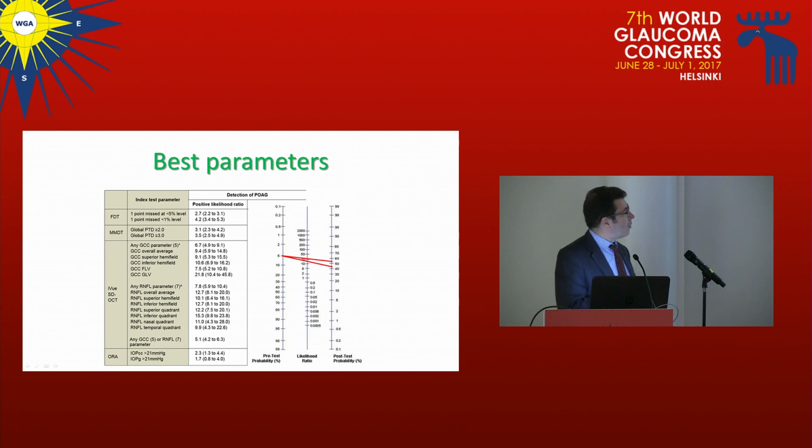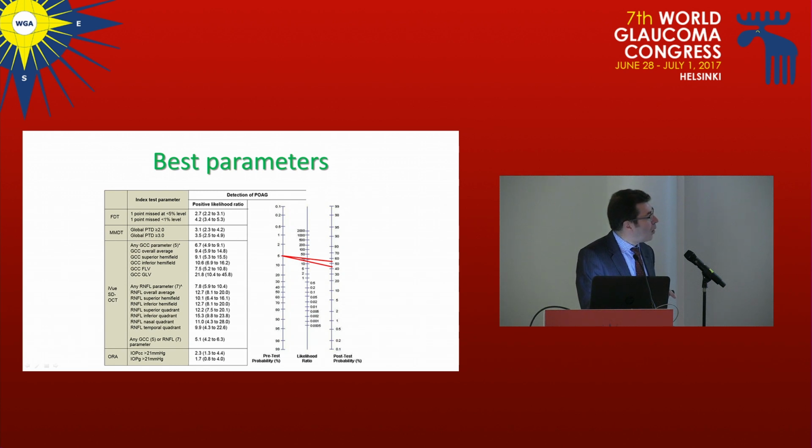Now, this is a bit of a busy slide, but I'll just highlight two of the criteria for diagnosis from the OCT. That's the nerve fiber layer thickness in the inferior quadrant. That was the best nerve fiber layer thickness parameter, with a likelihood ratio of 15, and then the ganglion cell loss variance with a likelihood ratio of 21.